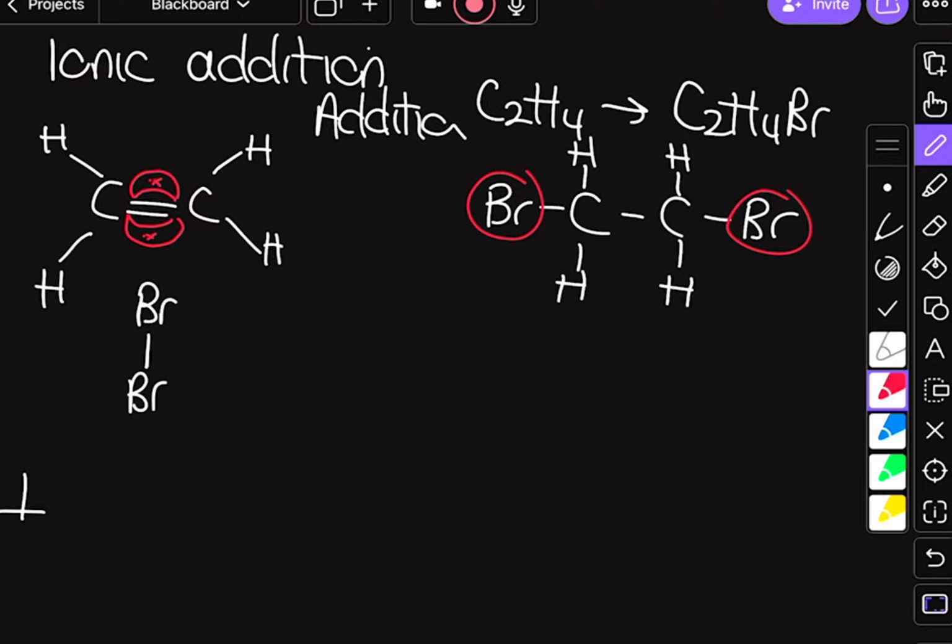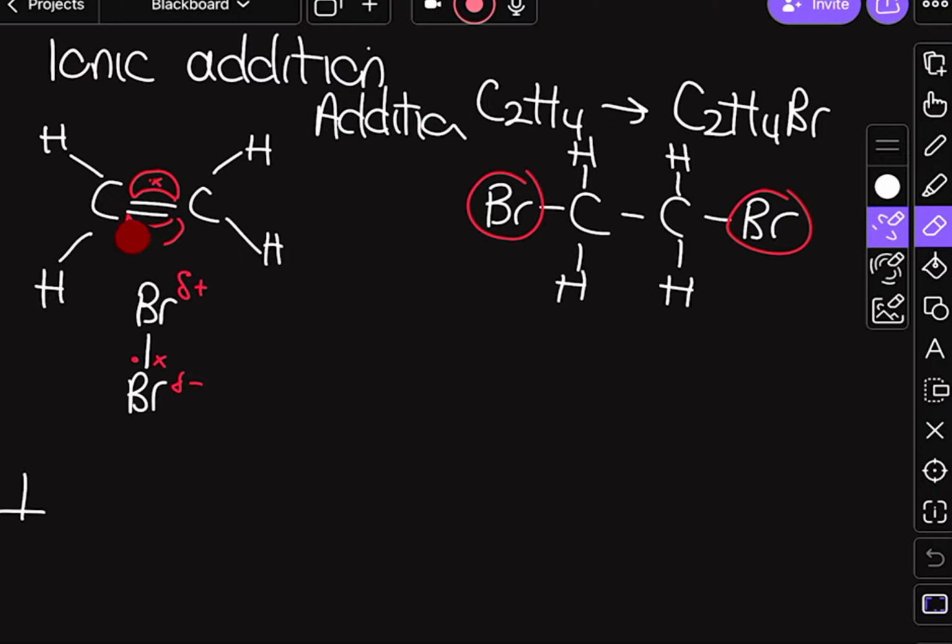They want to react, so for that reason when they do this they polarize the bromine underneath them, and what that means is that the electrons in the shared pair here will go toward the bottom bromine, and the top bromine is more positively charged, and these negative electrons are looking for them.